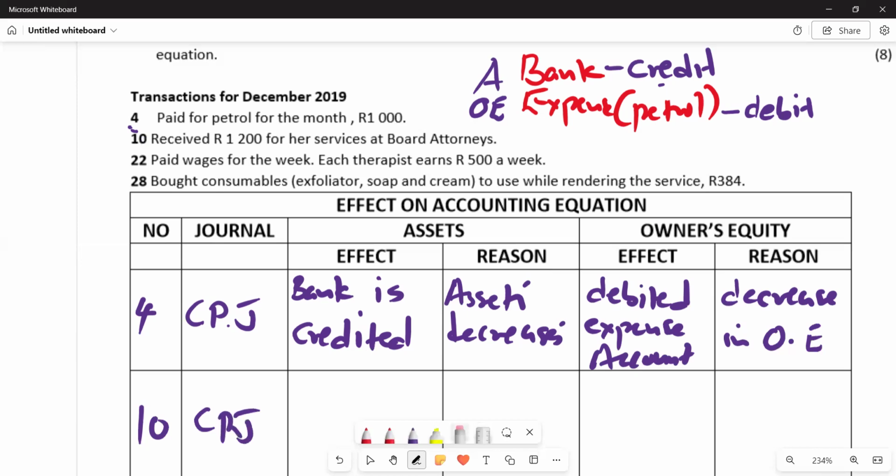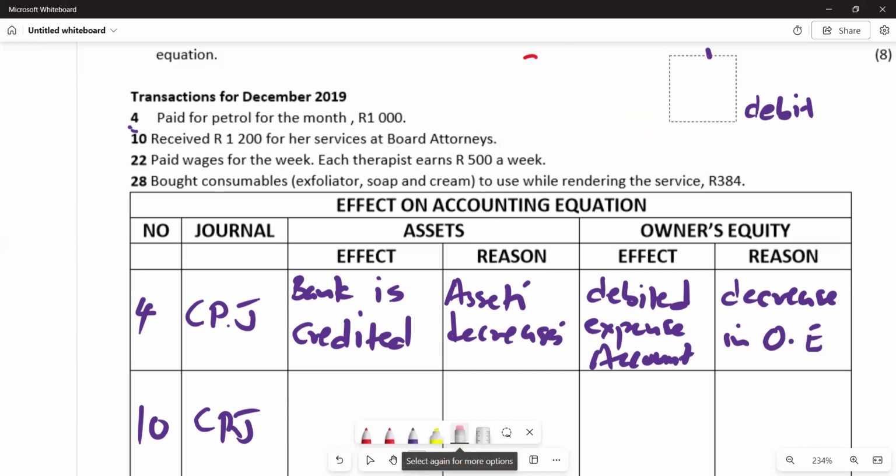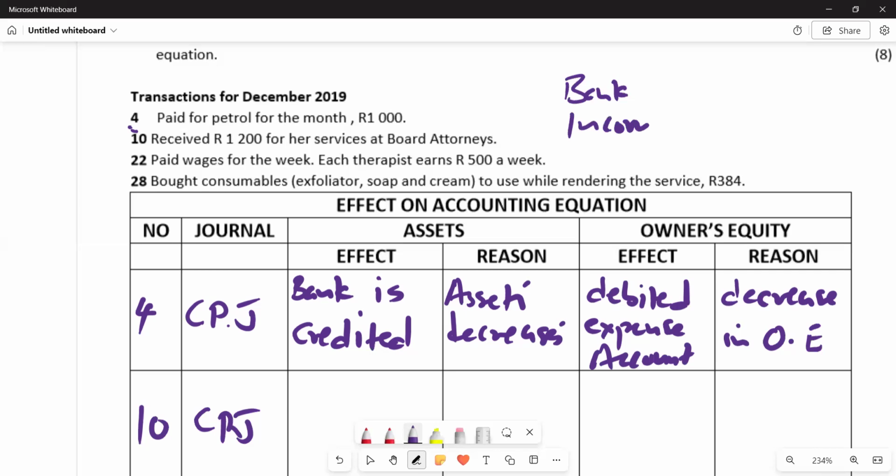And then we can try to see in terms of the two accounts that are involved, and then we can see what effect on the accounting equation. So we are saying two accounts involved, received 1,200 for services and board attorneys. So obviously, we are going to have bank. This money is going to be banked, and the other account that we are going to have there is an income account, since we have received the money.